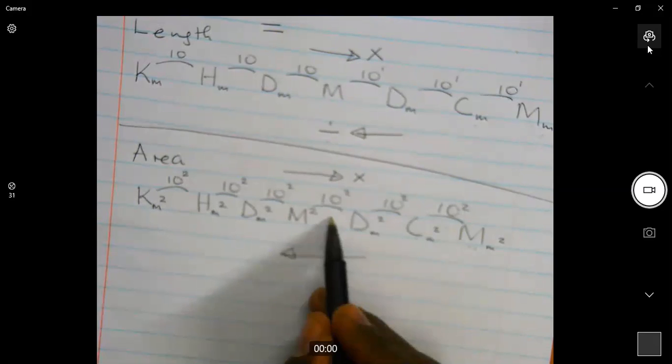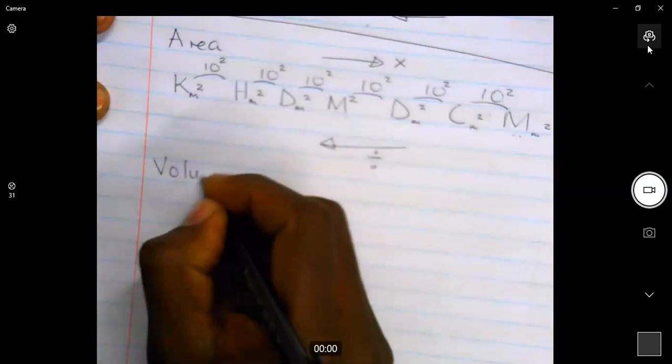If I move from square millimeter to square meter, I'm making 3 steps, and each step is 10 squared. So my power is 2 plus 2 plus 2, which is 6. 10 to the power 6 is a million. So when I change from square millimeter to square meter, I divide by a million. Is that clear?